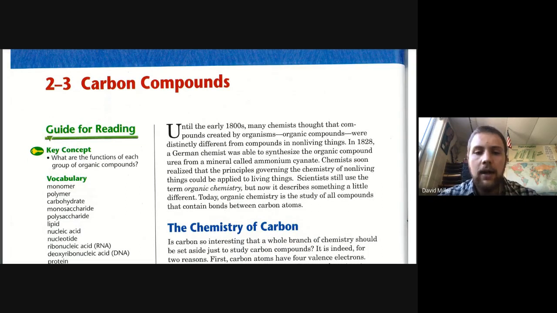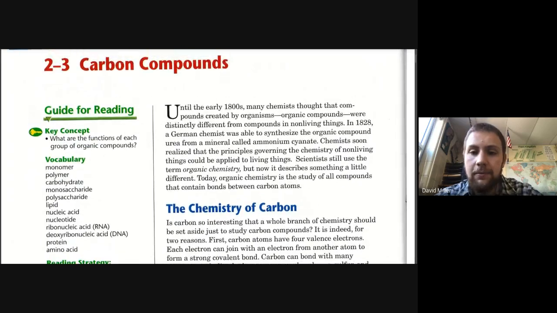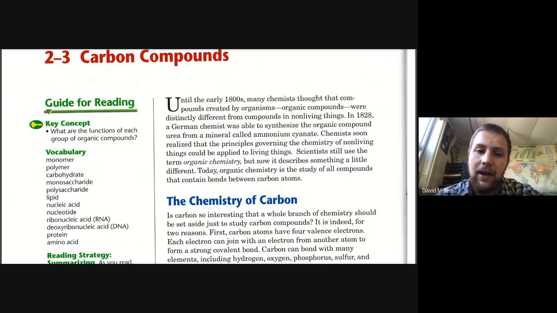2.3 Carbon compounds. Until the early 1800s, many chemists thought that the compounds created by organisms, organic compounds, were distinctly different from compounds in non-living things. In 1828, a German chemist was able to synthesize the organic compound urea from a mineral called ammonium cyanate.